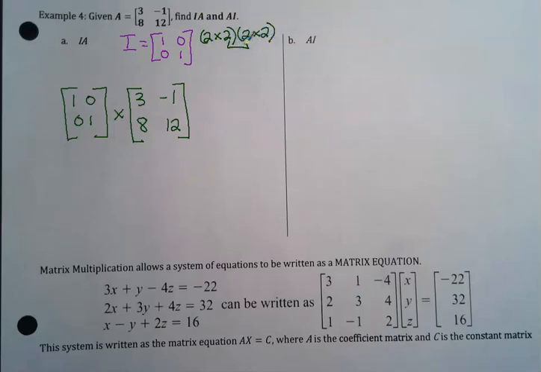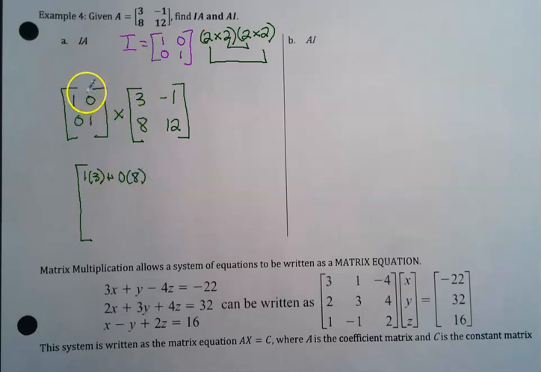We check those inside numbers, they're the same, and the outside numbers are our result. We're going to have a 2 by 2 matrix for a result. Let's do the work here. Remember our rules to multiply. We're going to take 1 times 3 plus 0 times 8.